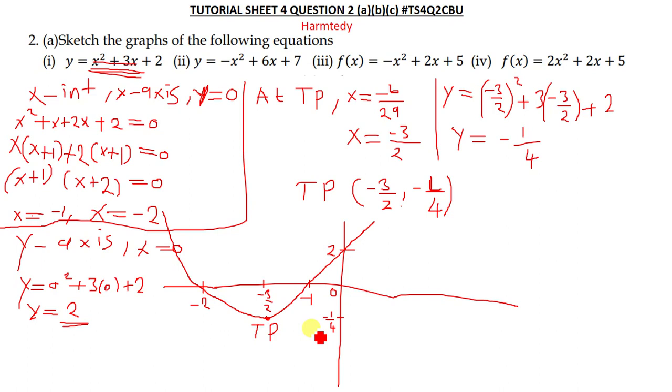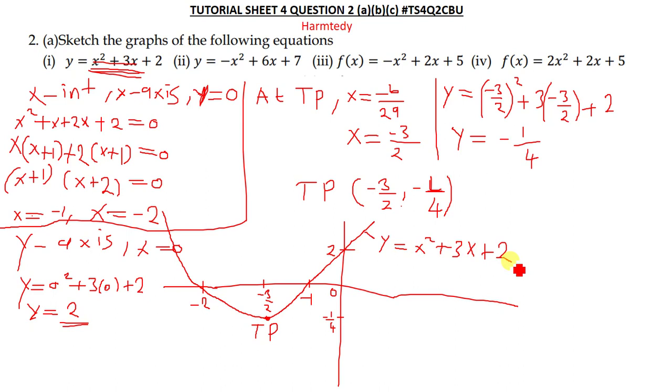Then I think we are done with sketching. So you can now say this is y equals x squared plus 3x plus 2.